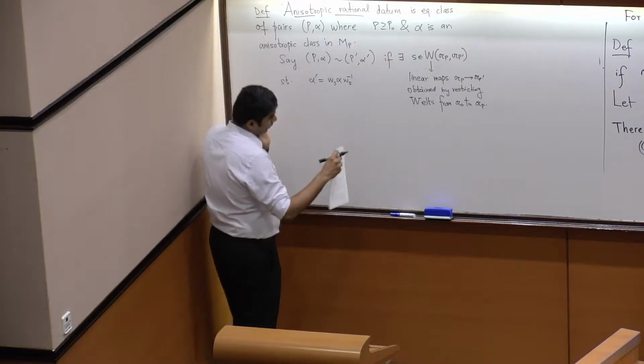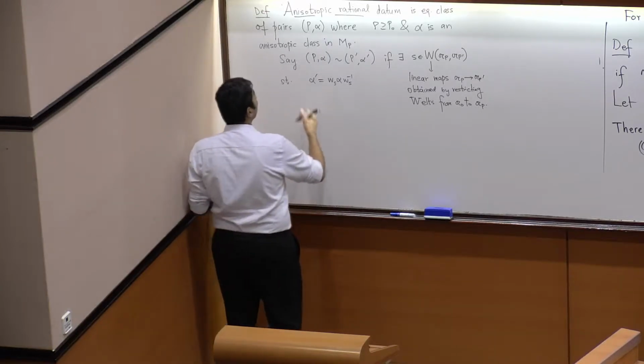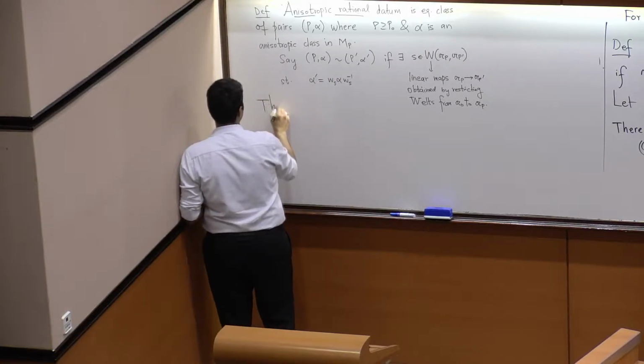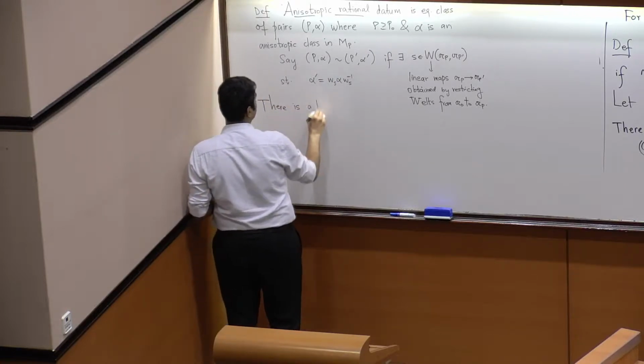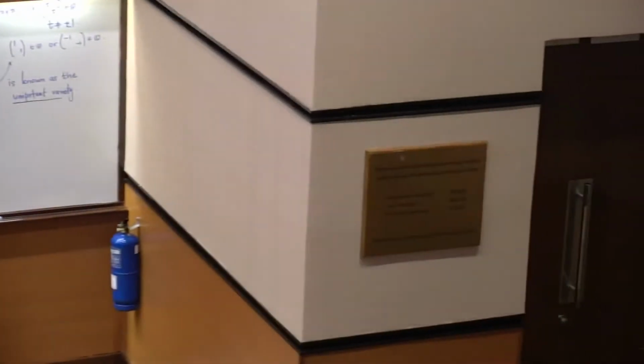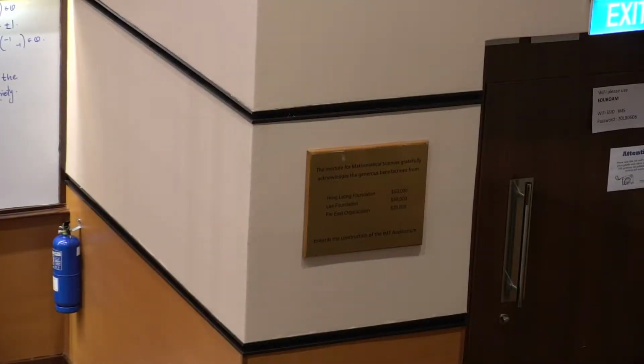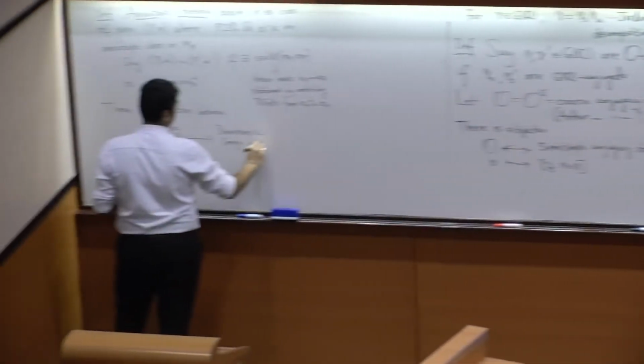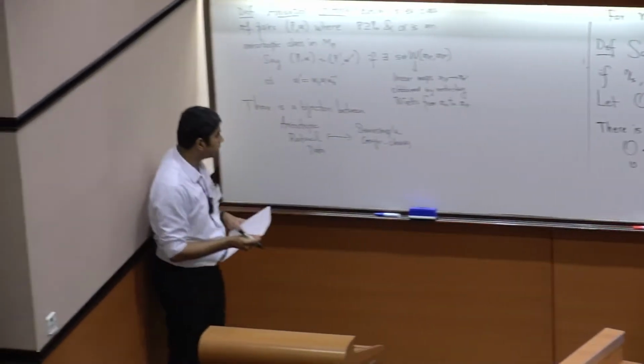And if you define it in this way, there is a bijection between anisotropic rational data and semi-simple conjugacy classes, which are in further bijection with the Arthur conjugacy classes.